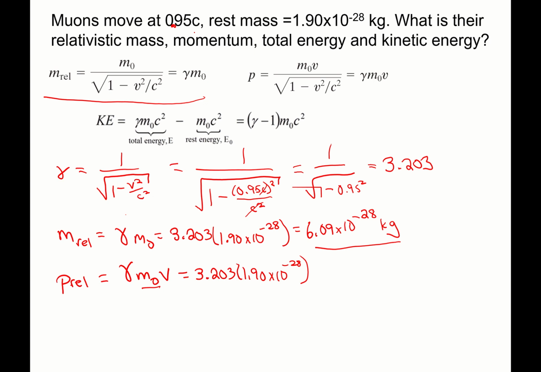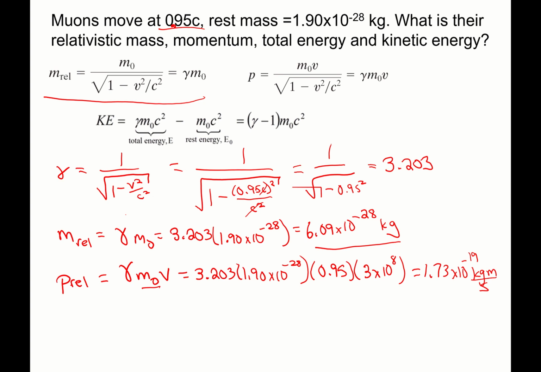Now my speed is 0.95 times c, so I have to multiply 0.95 times the numerical value of c, which is 3 times 10 to the 8. And I get 1.73 times 10 to the minus 19, and the units for that are kilogram meters per second. If you can remember from physics 1, it's mass times velocity.